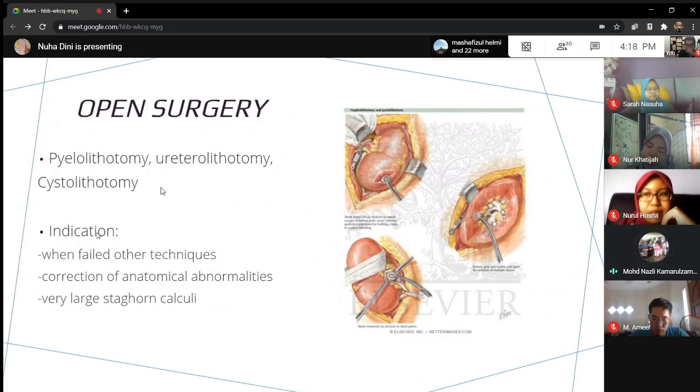So the best option for a large impacted ureteric stone is open ureterolithotomy. So those are the two still-gold-standard open surgeries: one is open vesicolithotomy, two is ureterolithotomy for large ureteric stone. Others have been replaced by interventional or endourology surgery.